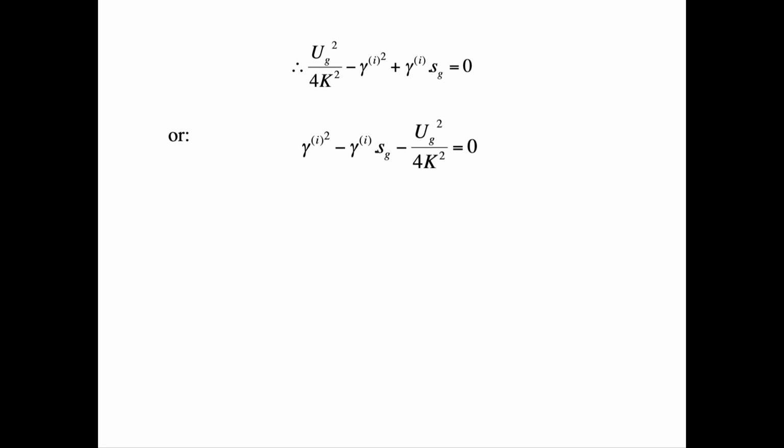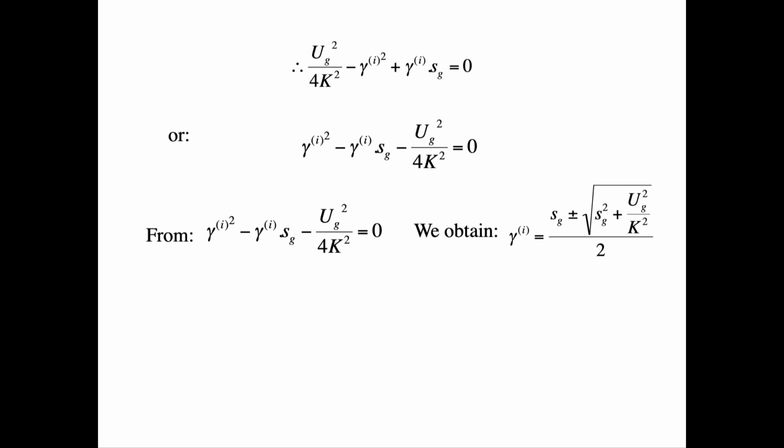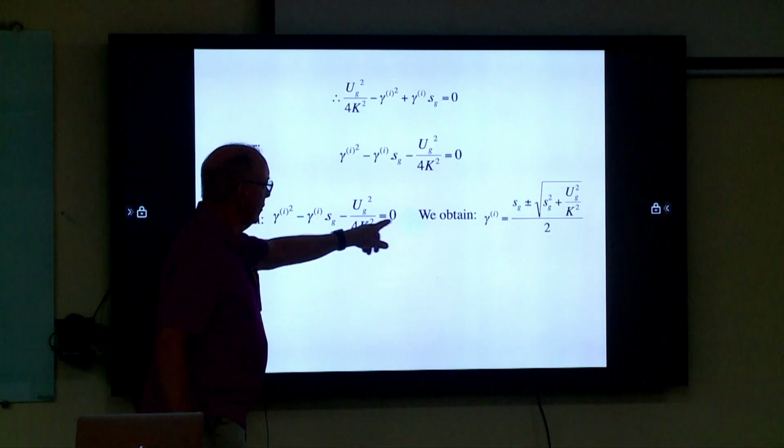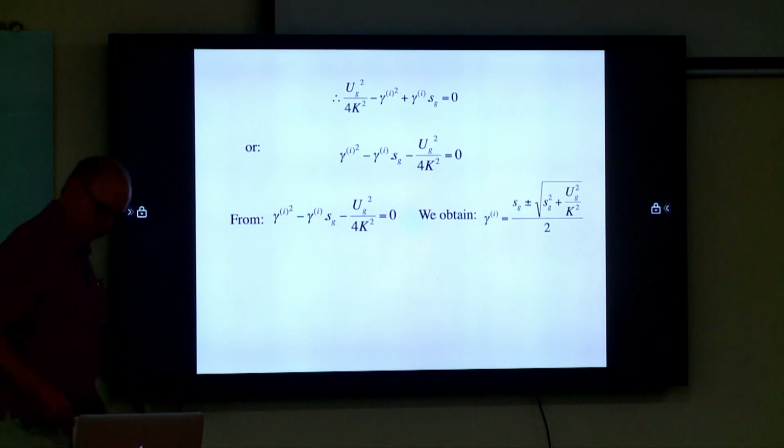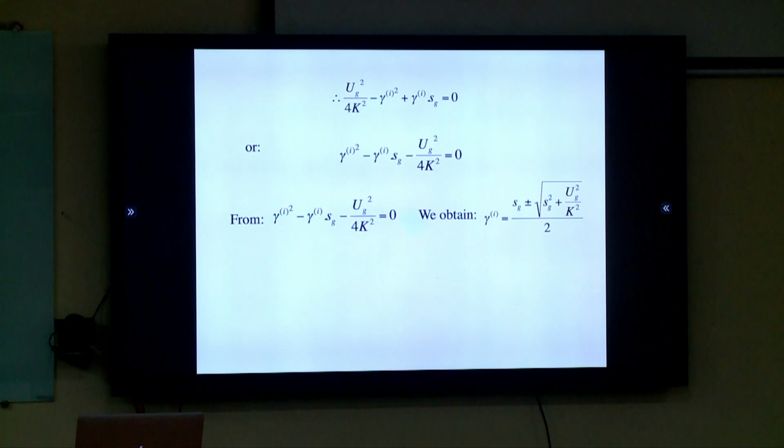And I want to get to a result shortly. So you can work through the mathematics. In fact, please find some mistakes. And for these, from this equation, we can just obtain this, and that's simple mathematics to get that. So at Bragg, when s_g is 0, this becomes gamma i is u_g, plus or minus u_g over 2k.